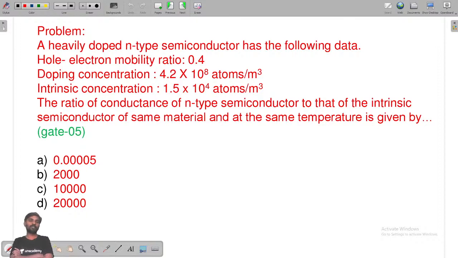Doping concentration 4.2 into 10 to the power of 8 atoms per meter cube. Intrinsic concentration is 1.5 to the power of 4 atoms per meter cube. The ratio of the conductance of N-type semiconductor to that of intrinsic semiconductor of the same material and at the same temperature is given by.